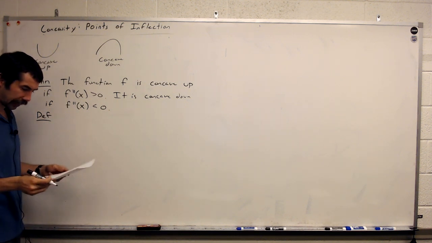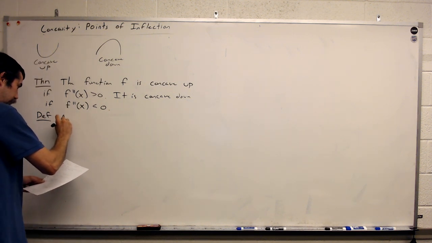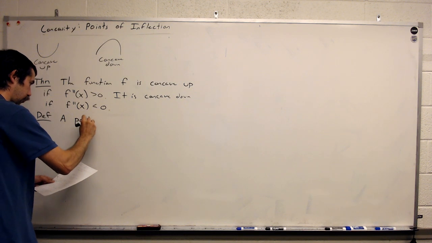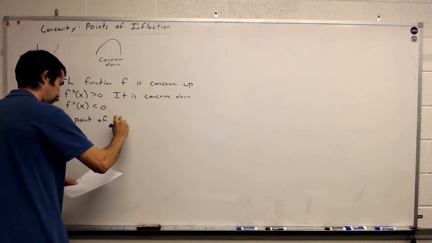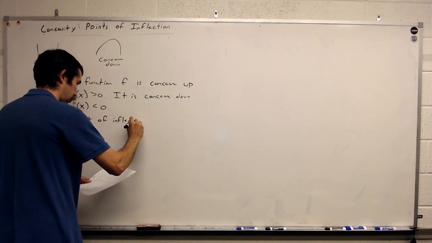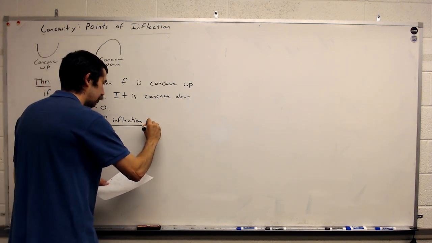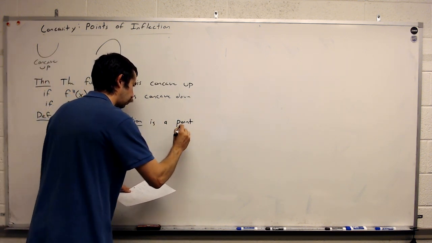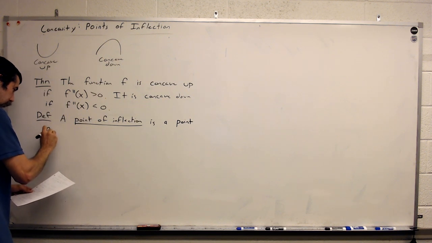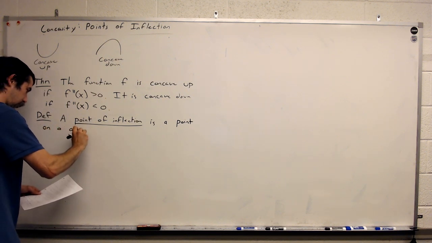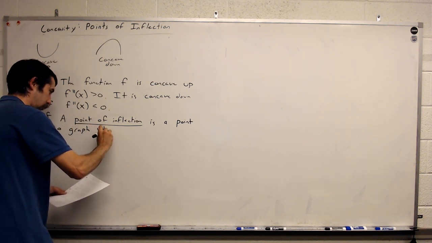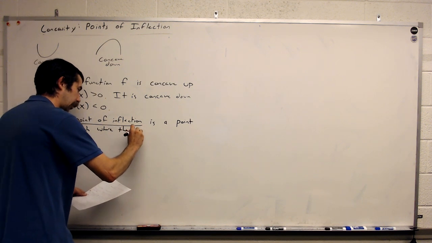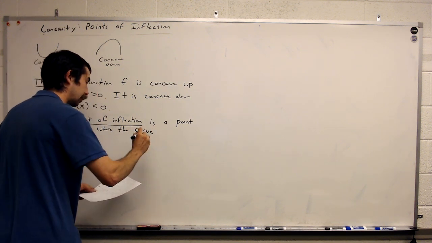A point of inflection is a point on the graph where the curve changes concavity.